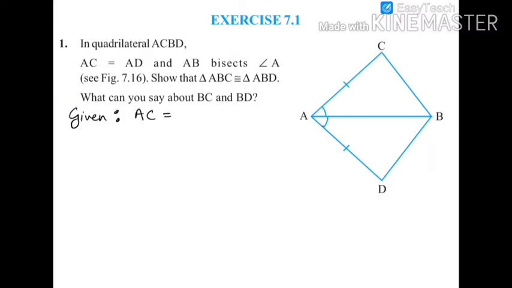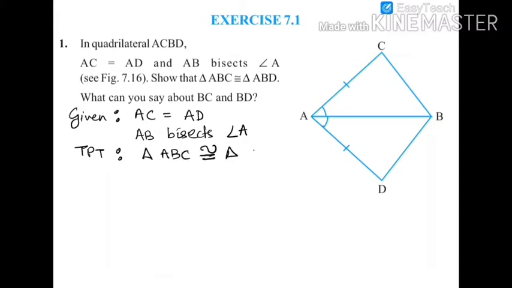AC is equal to AD and AB bisects angle A. To prove: triangle ABC is congruent to triangle ABD. In this particular question, what is given and what is to be proved are very clearly stated.